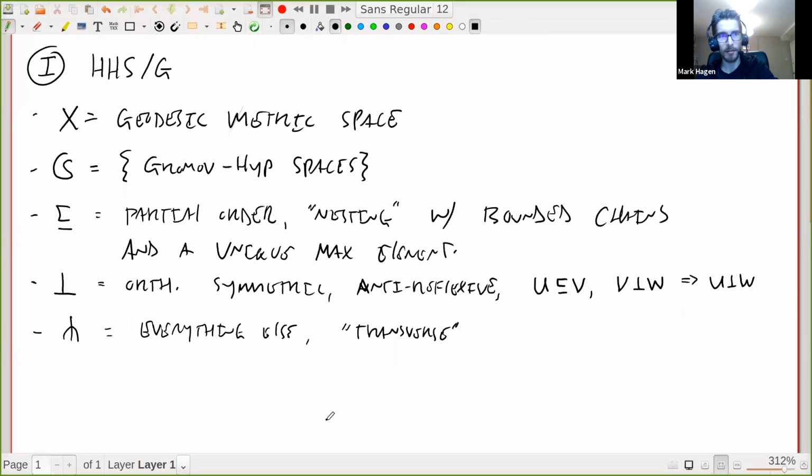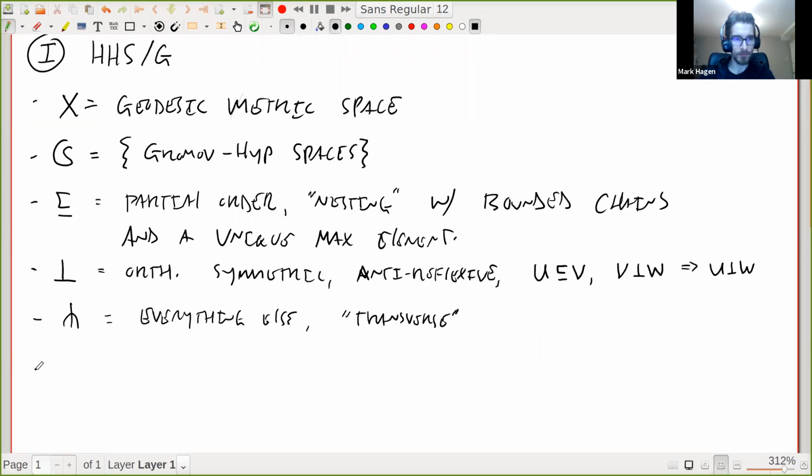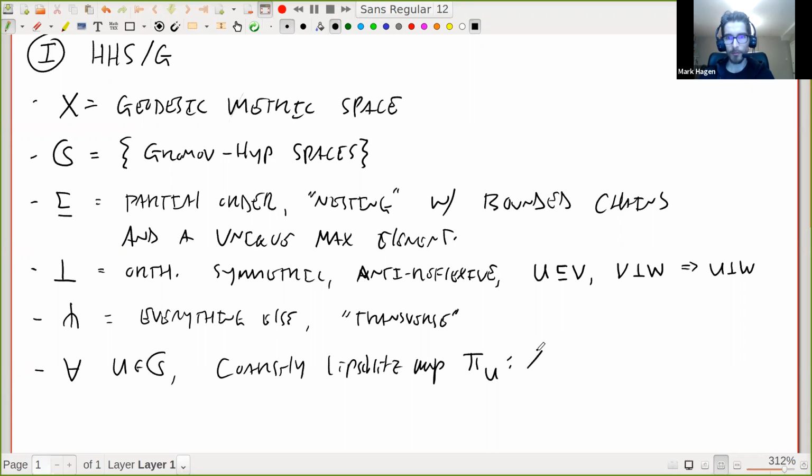The other part of the data that I'll focus on is that for all of our hyperbolic spaces, we have a coarsely Lipschitz map, I'll call these pi of U, from our main space X, the space we're studying, to the hyperbolic space U. Again, I want the coarse Lipschitz constants to be uniform over all of the subsurfaces.